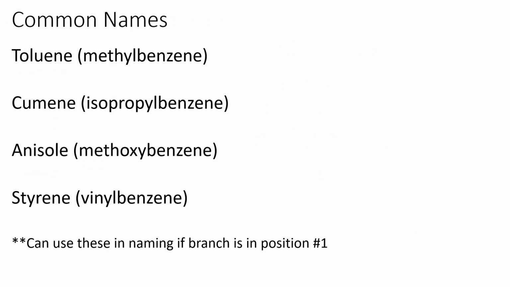We do also see some common names pop up with benzene that you will want to be familiar with. I have the common name listed first, and then I have more of the IUPAC-ish name listed in parentheses. First we have toluene. Toluene is our benzene ring that has one methyl substituent coming off of it. That's why it's referred to as methylbenzene, but it is commonly referred to as toluene. We then have cumene, which is isopropylbenzene.